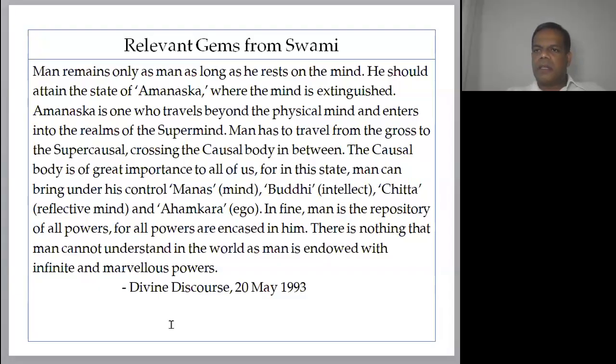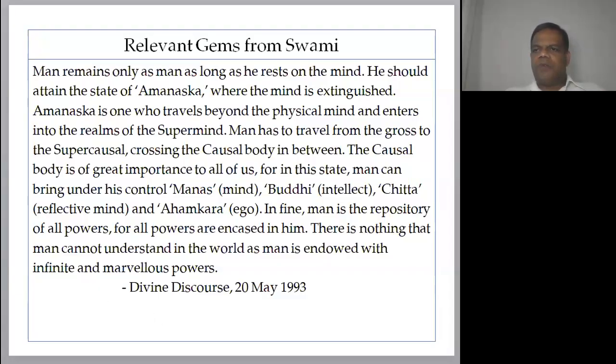Karana is the causal body, and supercausal is the Turiya, or the fourth one, called Mahakarana, which is the Paramatman who is everywhere in man as well as in the universe around us.